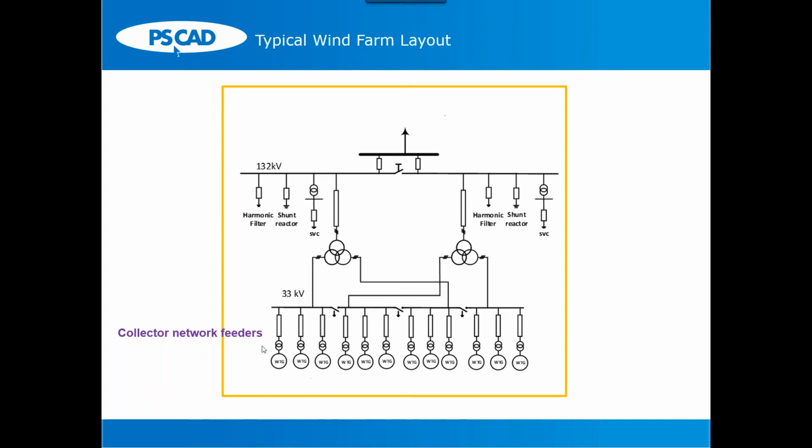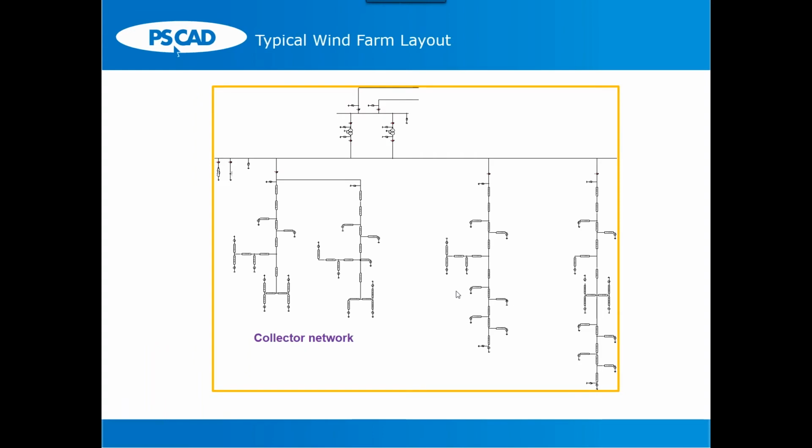And then you have the wind turbines themselves. Here I have shown a schematic representation of the feeders that connect to the collector system. If I go to the next slide, this is what the collector network would look like.